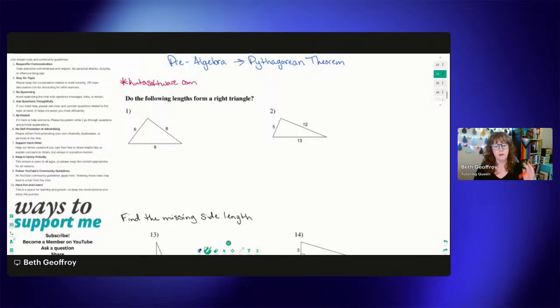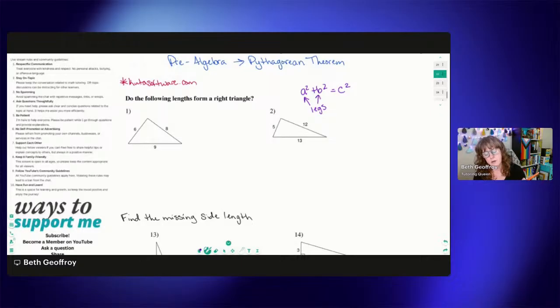So the Pythagorean theorem is, let me give you the formula. We'll start with that. It is a squared plus b squared equals c squared. So what does that mean? a and b are both what we call the legs of the triangle. These are the two sides of the triangle that create the 90-degree angle. The Pythagorean theorem you can use with right triangles.